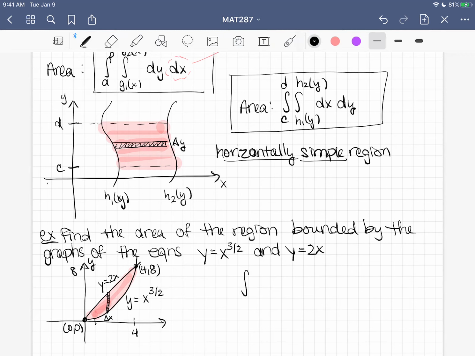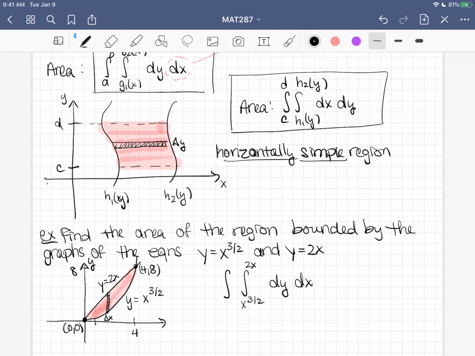So y is going to go from, let me use the laser, when I'm looking at this slice here, y goes from y equals x to the 3/2 to y equals 2x, right? These slices run from the bottom curve to the top curve. So those are going to be the bounds of integration. So I've got x to the 3/2 on bottom and 2x on top, dy.